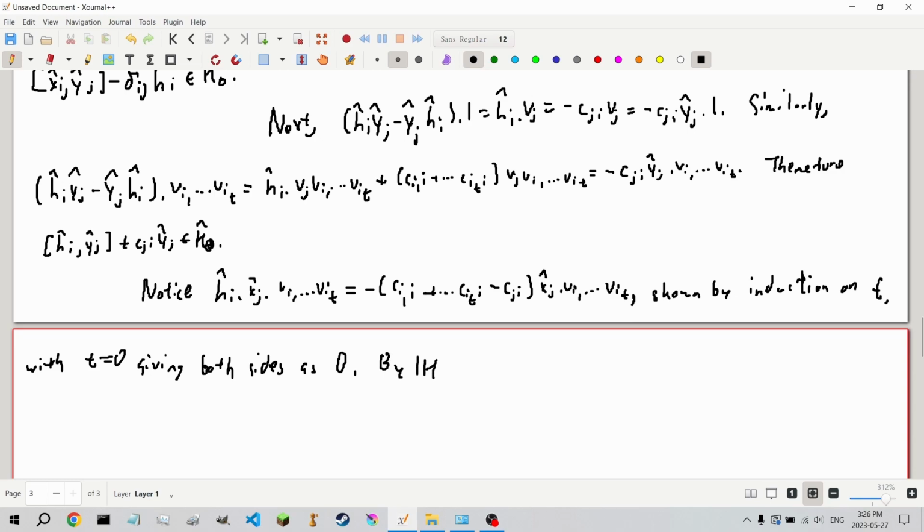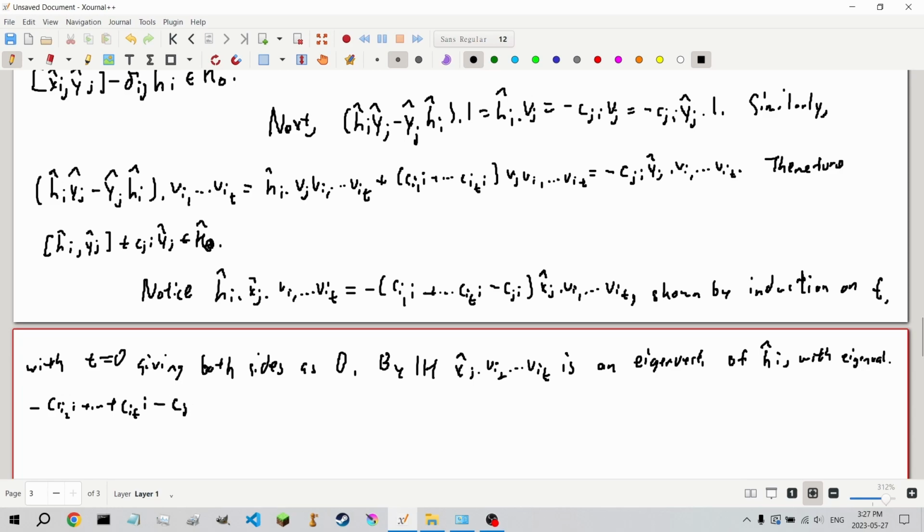For the induction hypothesis, this says that x hat j of v_i2 times through v_it is an eigenvector of h hat i with eigenvalue negative c_i2i plus through c_iti minus c_ji.